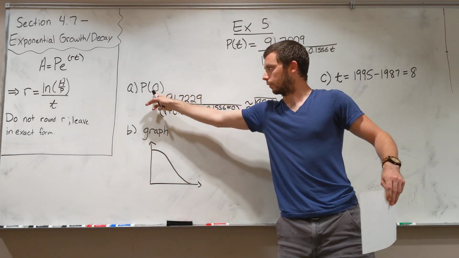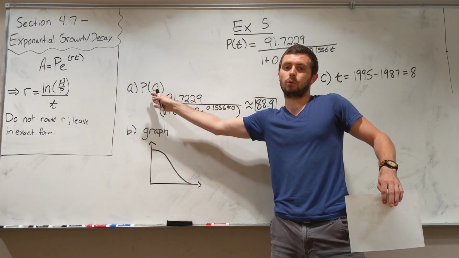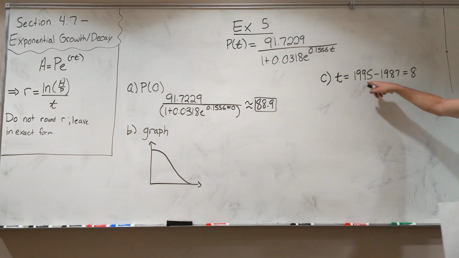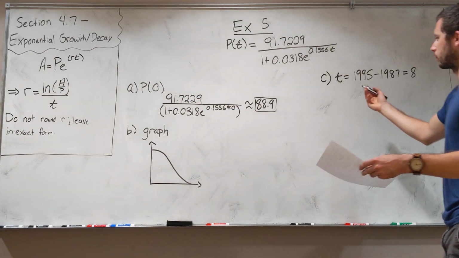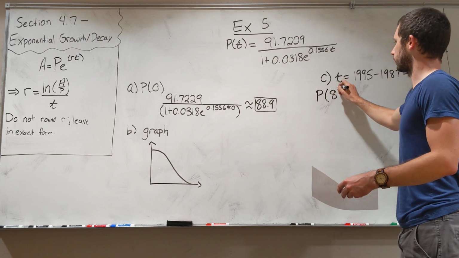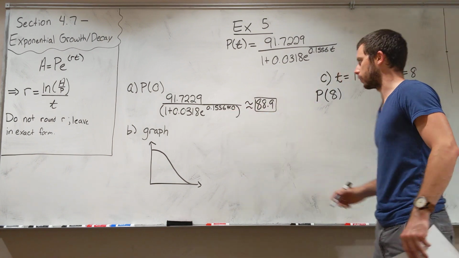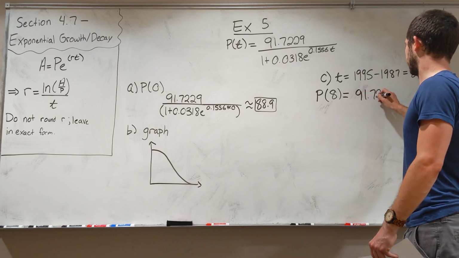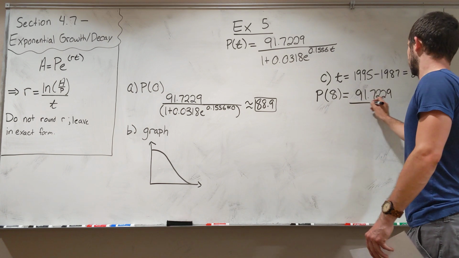So over here it was the starting amount for how many did not own a computer in 1987, and then it says fast forward 8 years. And then from there it's just a matter of plugging in that 8 as if it were the 0 over here. So it's the same type of problem, it's just plugging in 8 instead of 0.